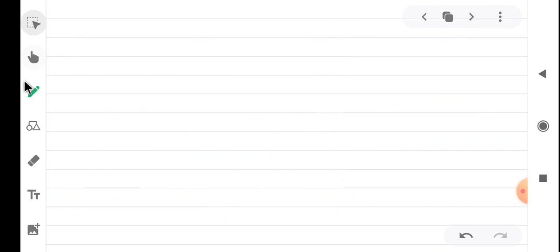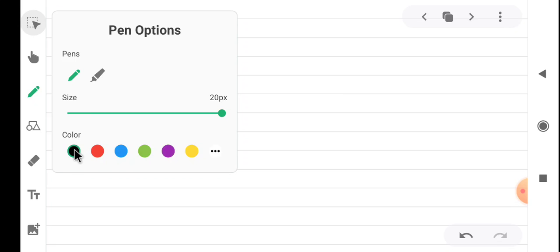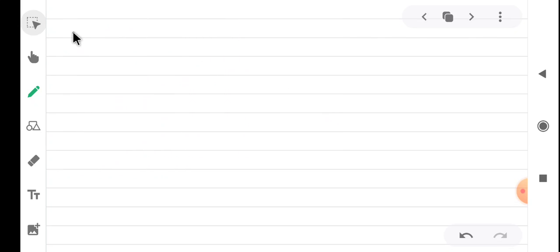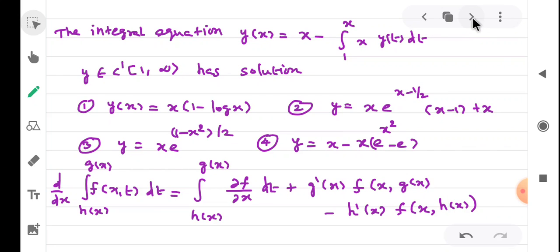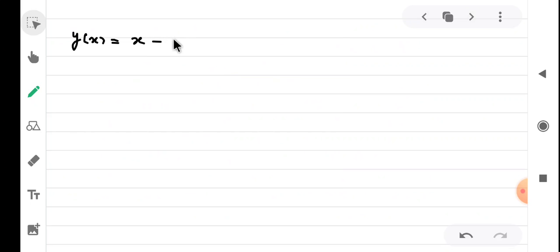Here the problem is this one: y of x is equal to x minus integral 1 to x of x into y of t into dt. So this is the given information.